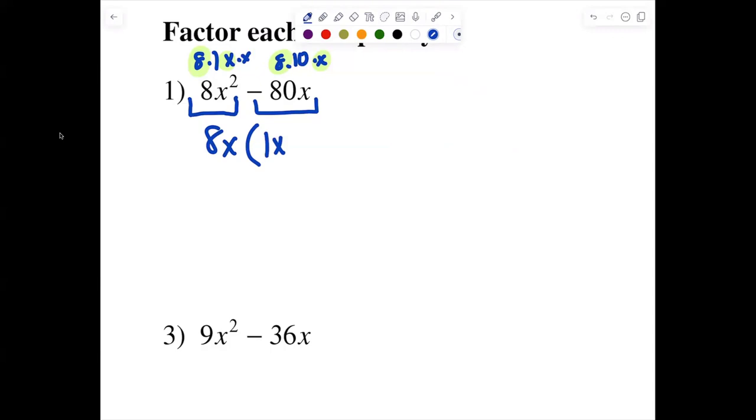You don't have to put it there, I'm showing it to you for your own benefit. Now, what's negative 80 divided by 8? There you have it. Are there any x's left behind? No. So it's 8x times parentheses x minus 10.